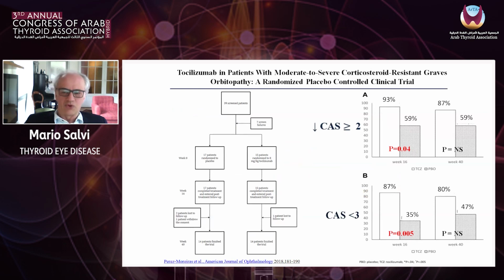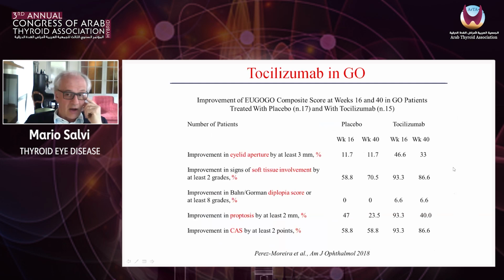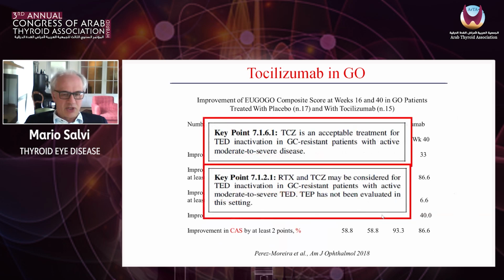The significance was evident at week 16 at the end of treatment, but it was no longer significant at week 40. Data on tocilizumab were not consistent with earlier data, especially because this study did not show improvement of proptosis. So tocilizumab is proposed as an acceptable treatment for TED inactivation in steroid-resistant patients.